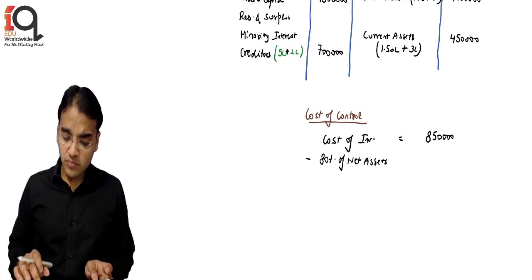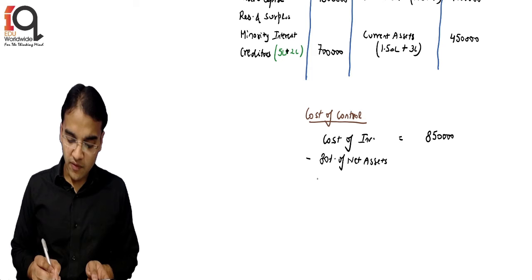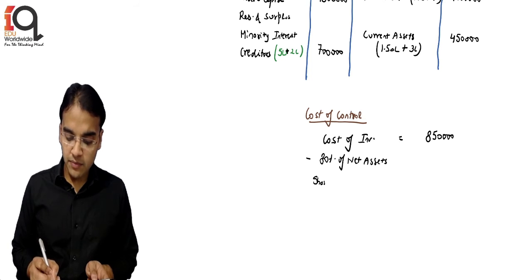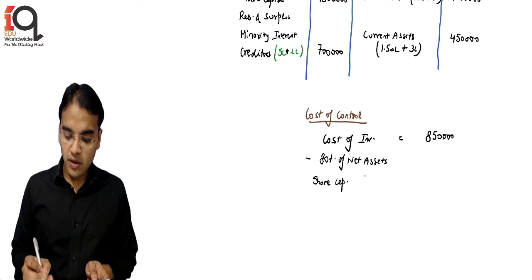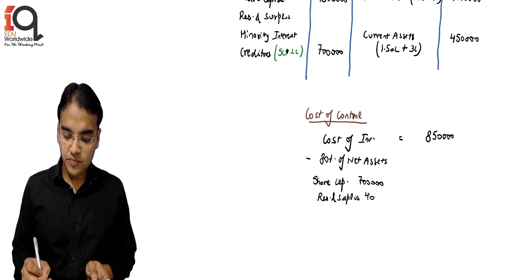That means the total net assets will be your share capital 7 lakh, reserve and surplus 40,000. So that means 740.